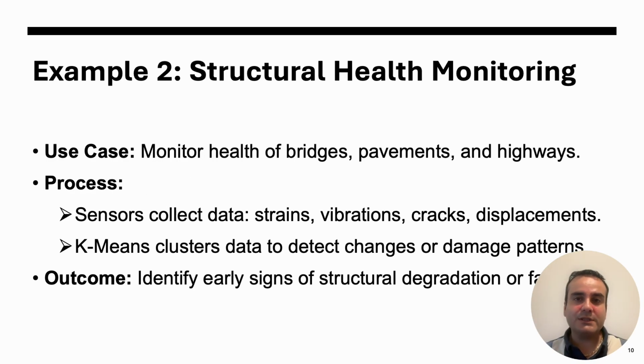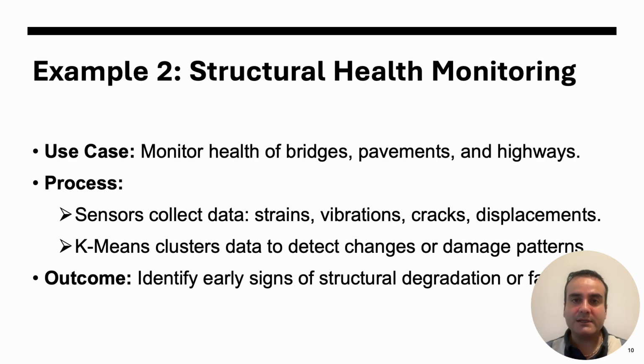In transportation engineering, maintaining the health of critical infrastructure like bridges, highways, and pavements is essential. By installing sensors that continuously record strains, vibrations, and displacements, engineers can collect huge amounts of data over time.